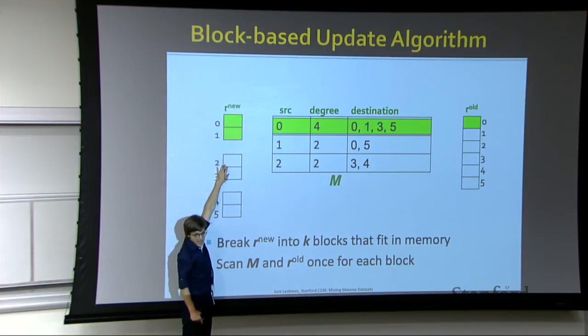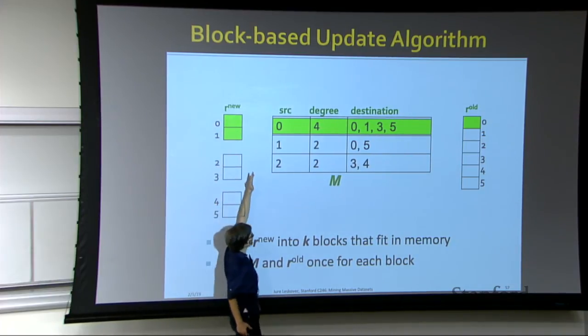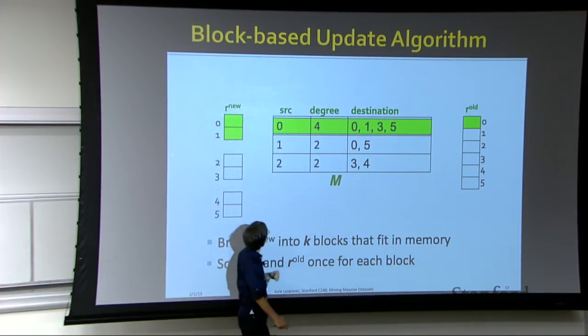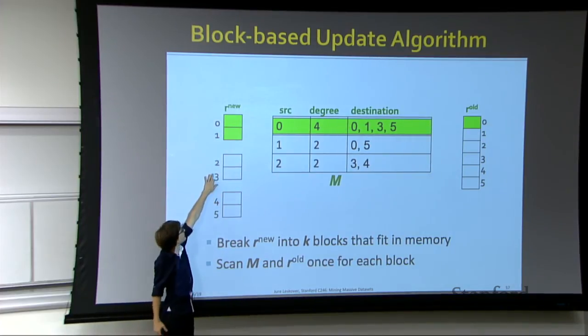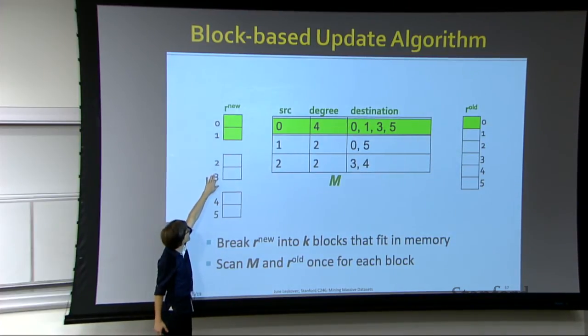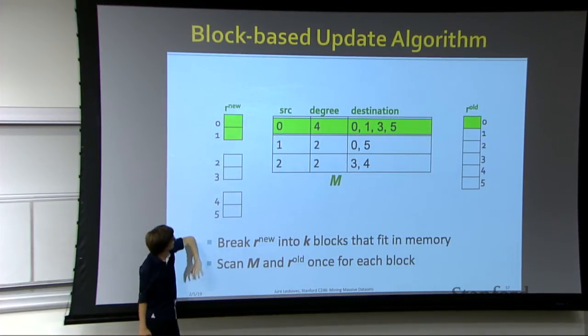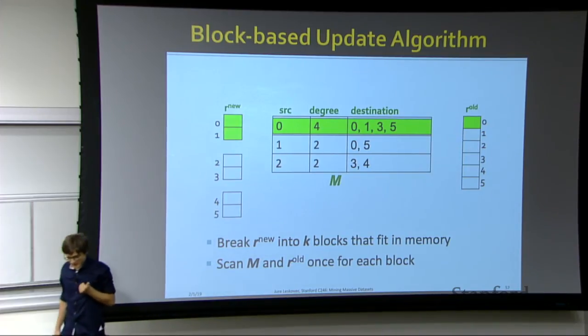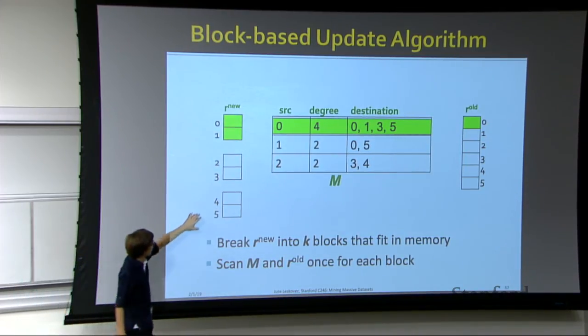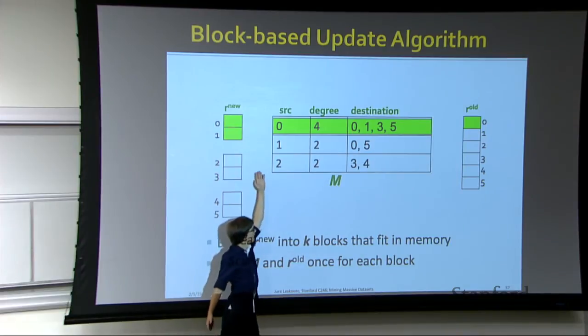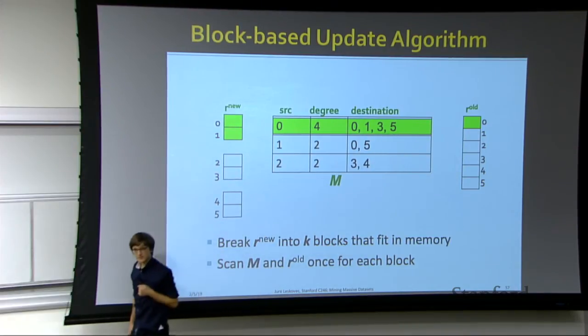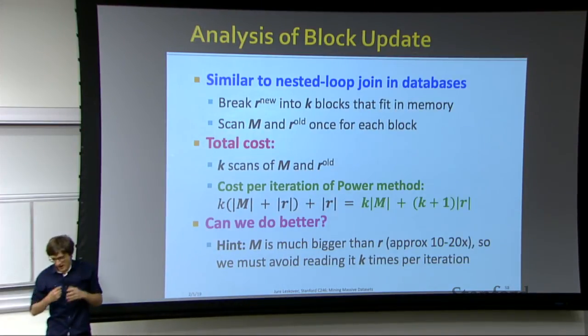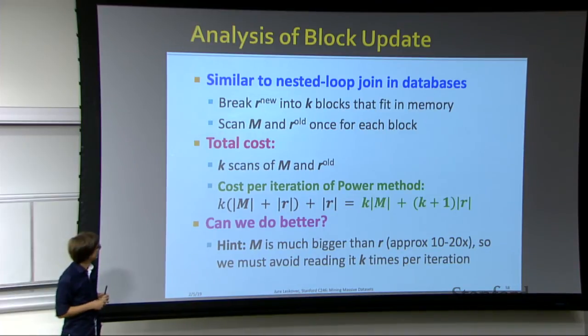I would load the second block of R new, and then I would have to make another pass over M to update 2 and 3. And now that I have updated 2 and 3, I would flush it, and I would come back to load the next block of R new, and again make one pass over the data. So what would be the total cost?